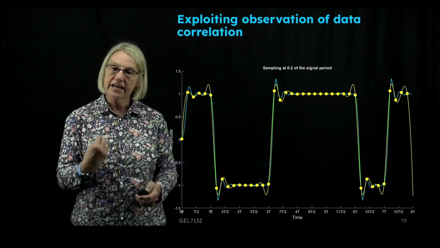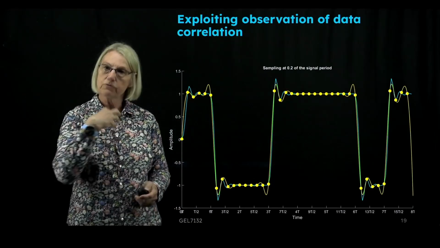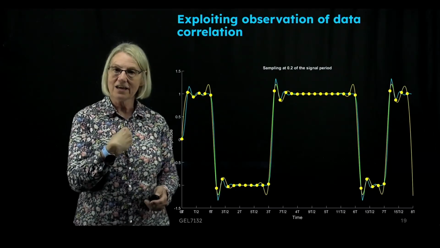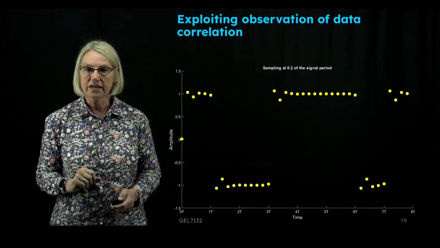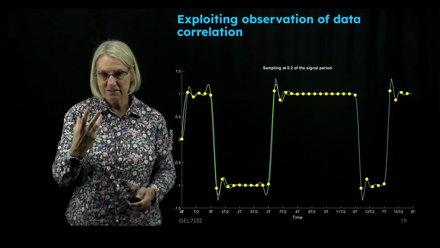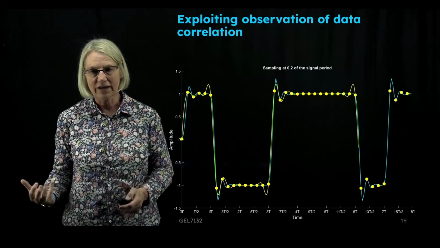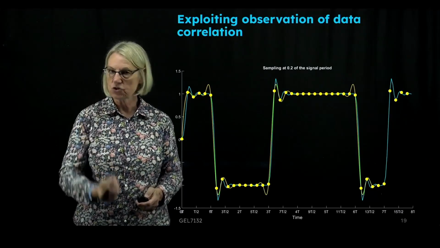And I can learn these things from the yellow, the sampled version. The sampled version is close enough to the continuous time version that I can infer information about the correlation among the data that has been transferred. Correlation not from the underlying data, because the underlying data is uncorrelated, but correlations introduced by the channel, introduced by the distortion.